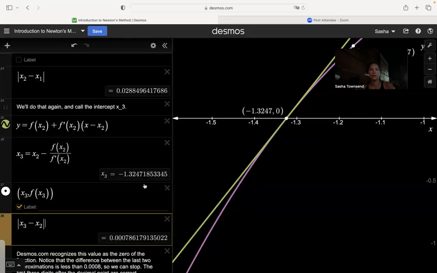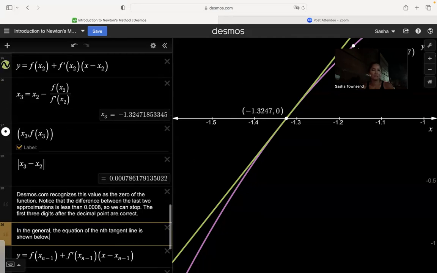So we are accurate out to the third decimal place at least, and the fourth decimal place might be off by a little bit. So this is definitely at least negative 1.324 or 1.325, an excellent approximation of the zero of the function.